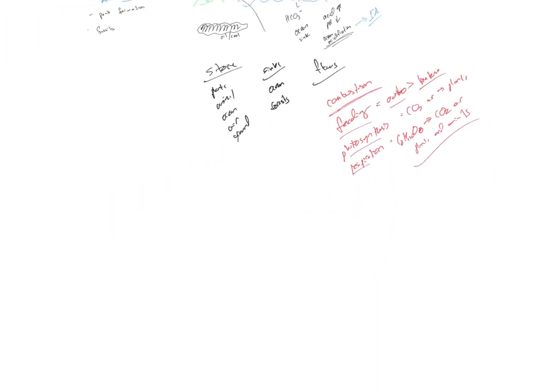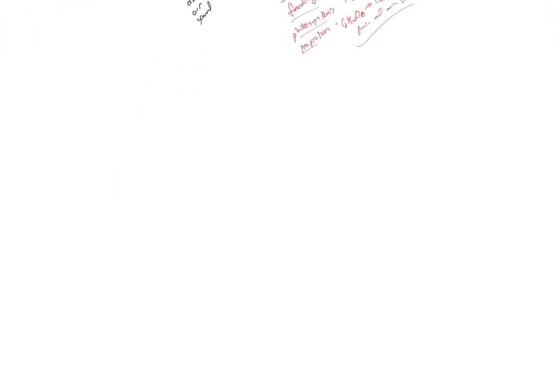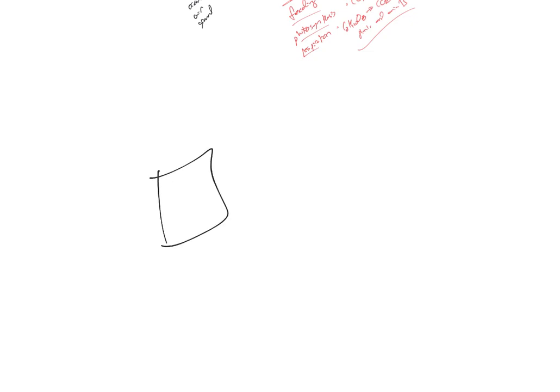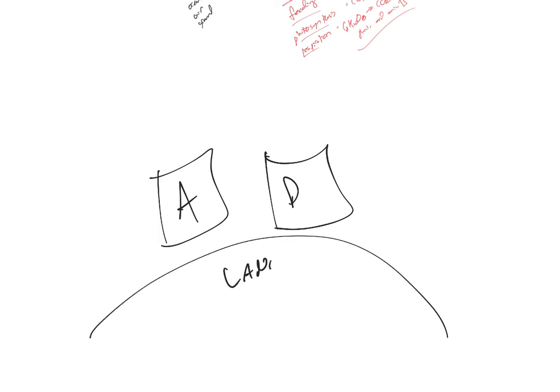So let's go back. This is my carbon cycle. I like doing boxes, or you can draw it out if you like, but I'm going to do boxes. We have animals, we have plants. This is land. This is oil.